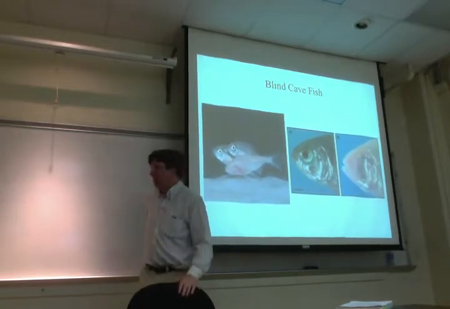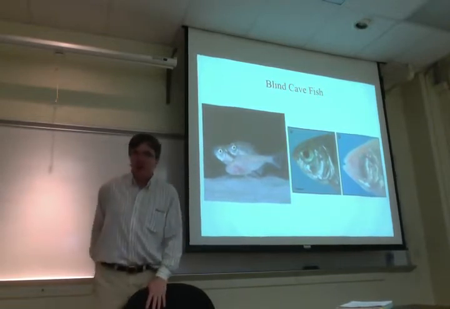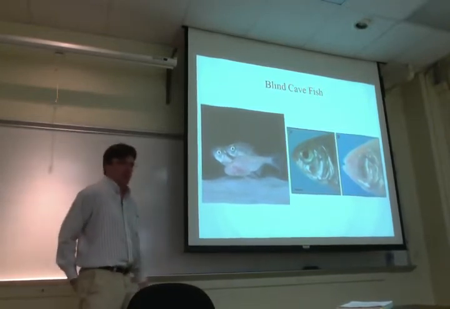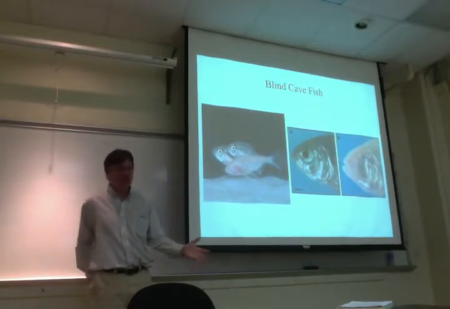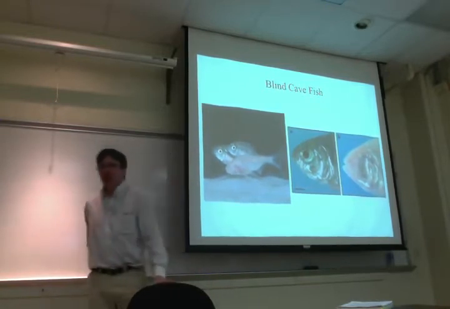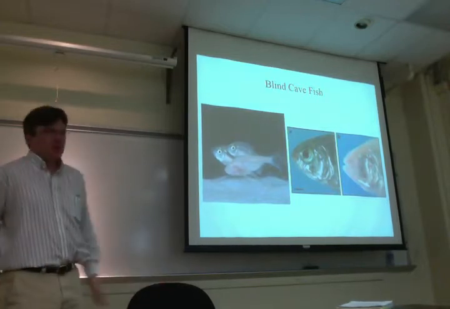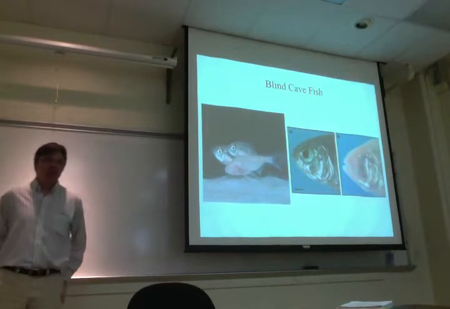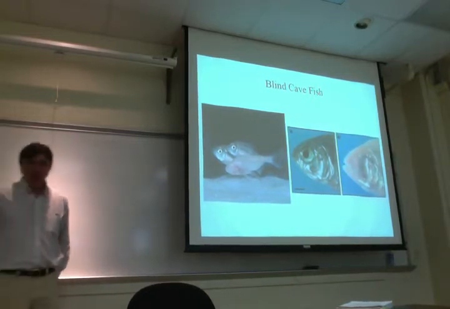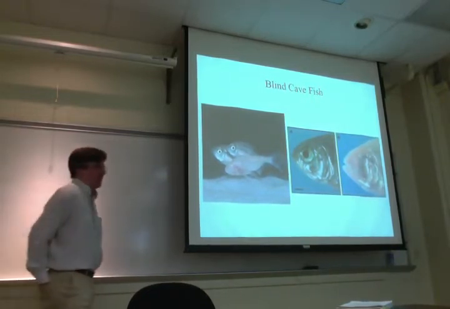These guys are normal fish that you might find living in bodies of fresh water. They're little fish. They have nice eyes. They see quite well. These guys are very, very close relatives, but they don't live on the surface. They live in caves where it's completely dark.